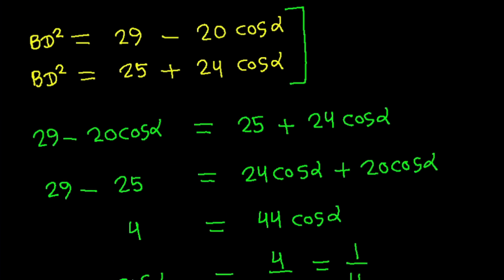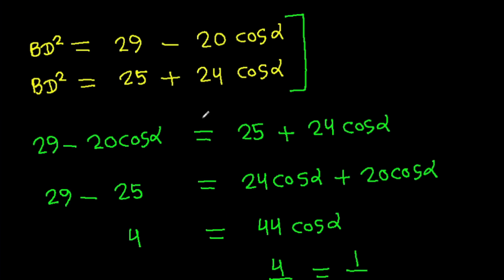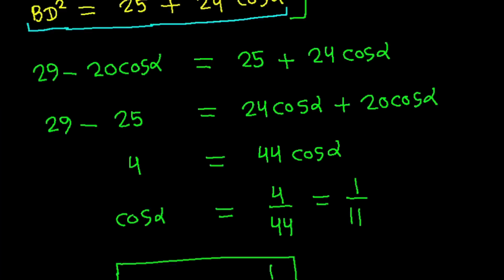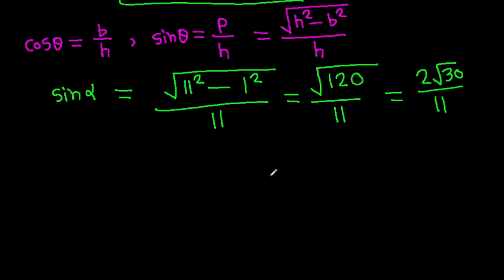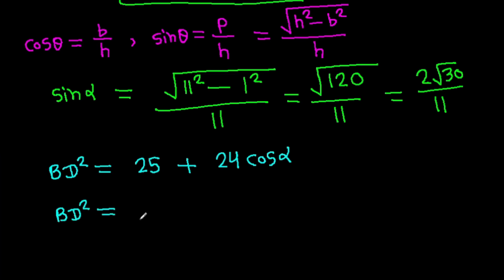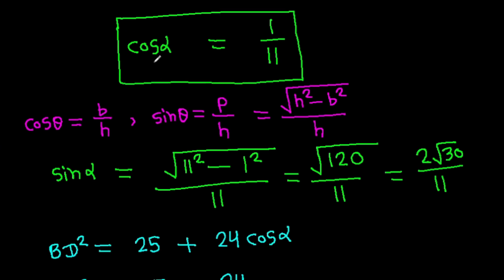and we have BD square is 25 plus 24 cos alpha, and BD square is 25 plus 24 times cos alpha, which is 1 over 11.